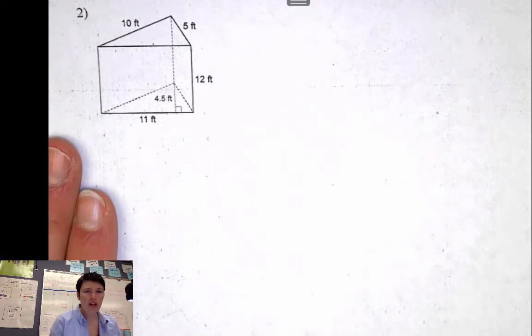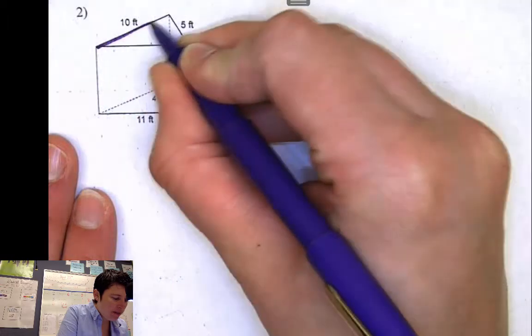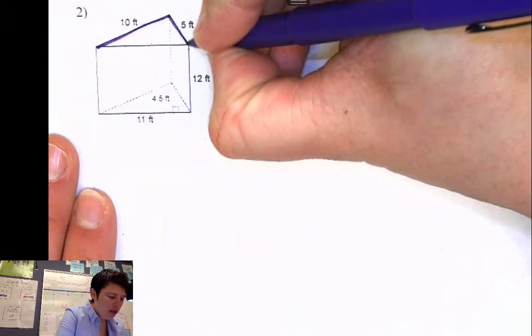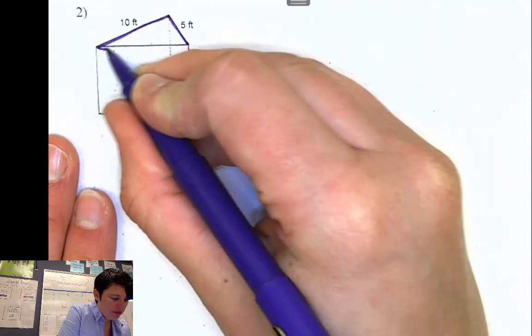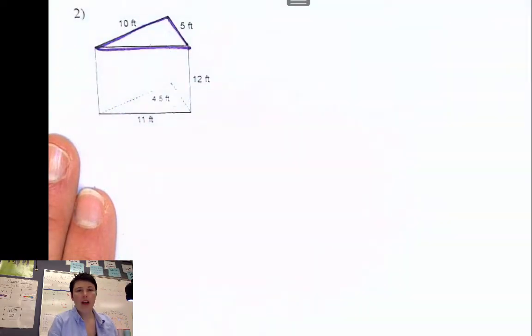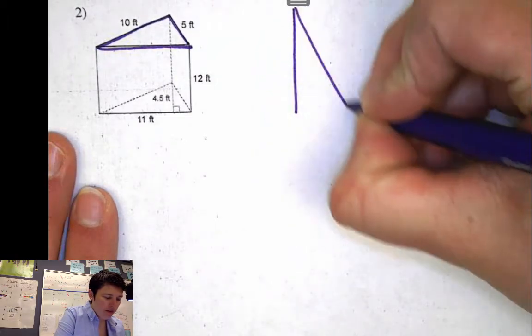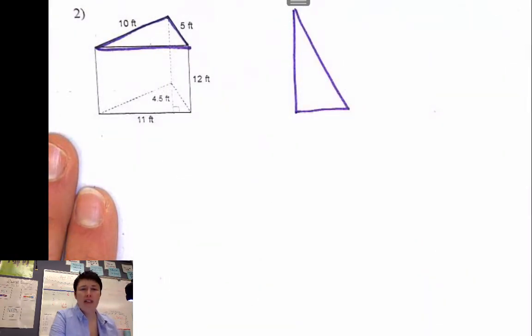So, taking a look at our picture, we have a triangle on top that looks like this. And our triangle, which I'm going to draw over here, has a measurement of 10 feet and 5 feet.